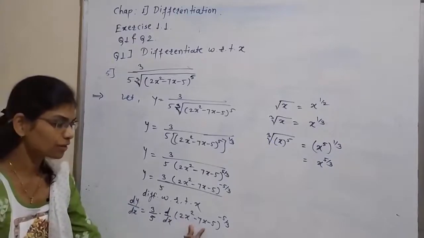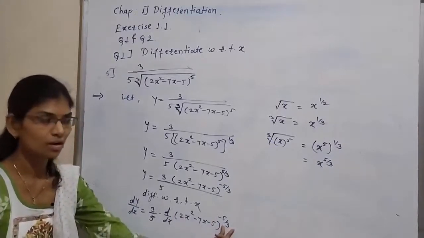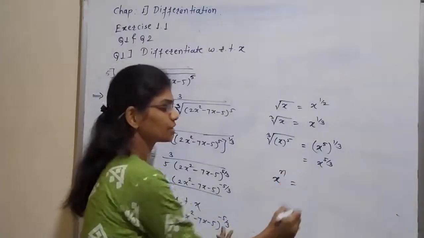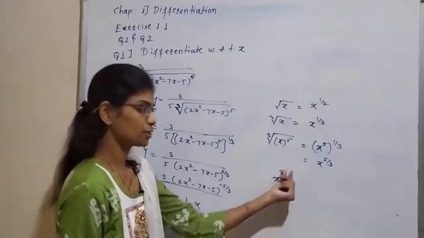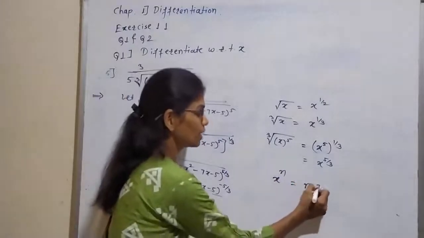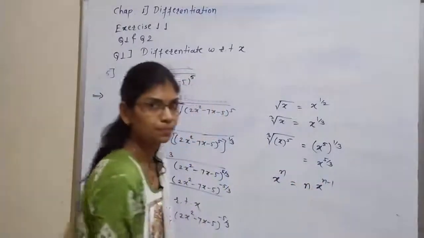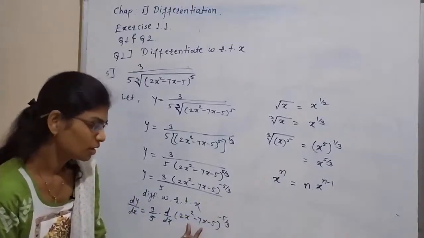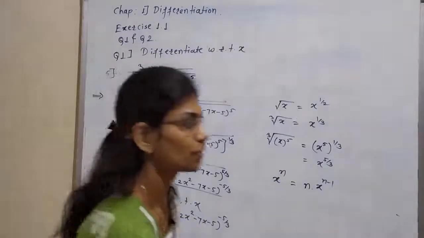Again, the whole function raised to an index is there, so we have to use the formula for x raised to n. The derivative of x raised to n is n times x raised to n minus 1. By using this formula, we have to solve the derivative of the given form.